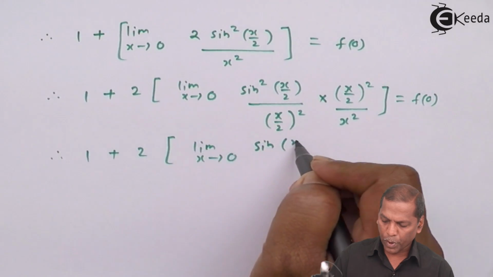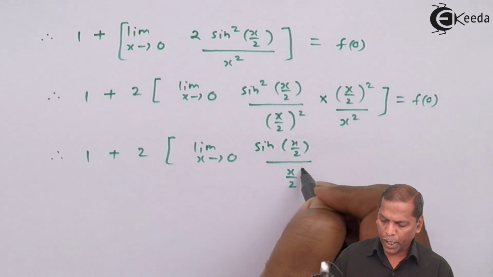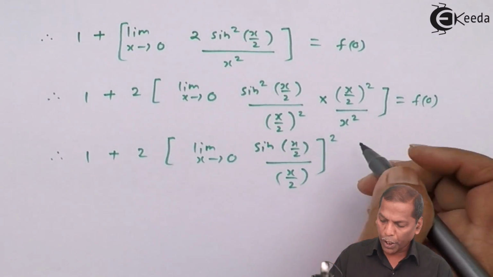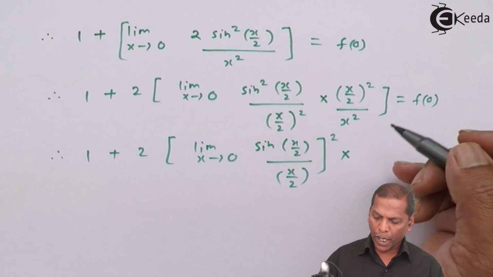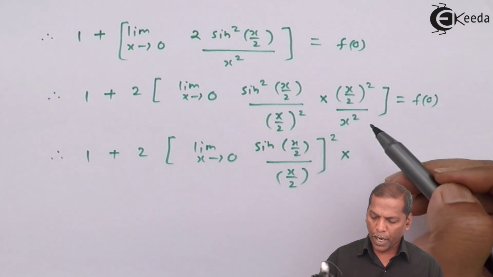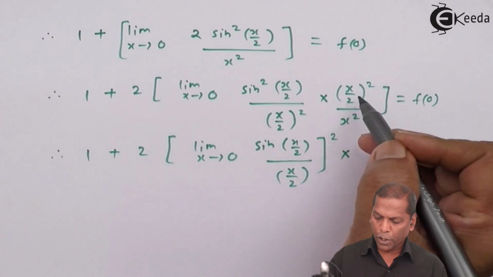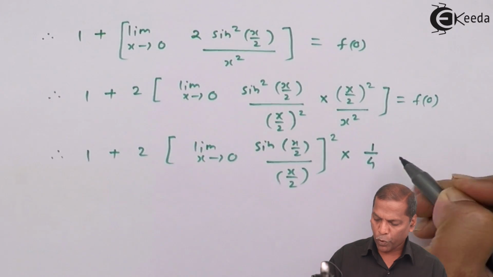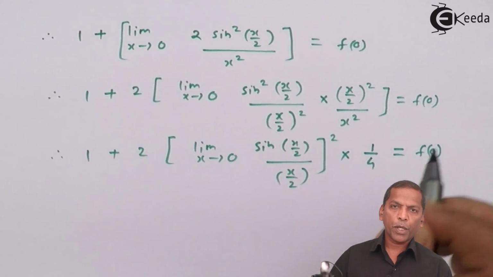So we get (sine of x by 2 upon x by 2) whole bracket square into... Now for these two terms we cancel x square from numerator and denominator. So we are left with (1 by 2) the whole square, that is 1 by 4, and is equal to finally f of 0.